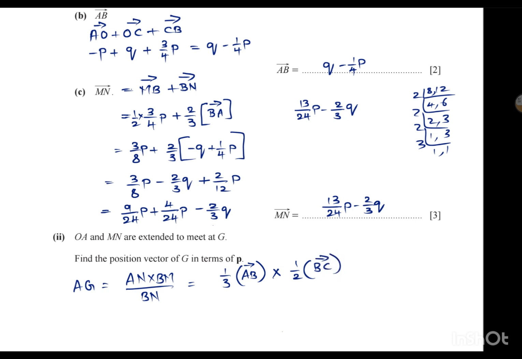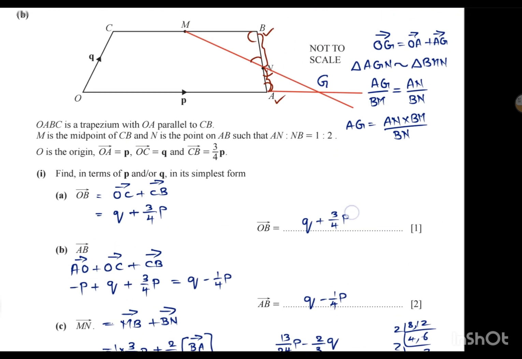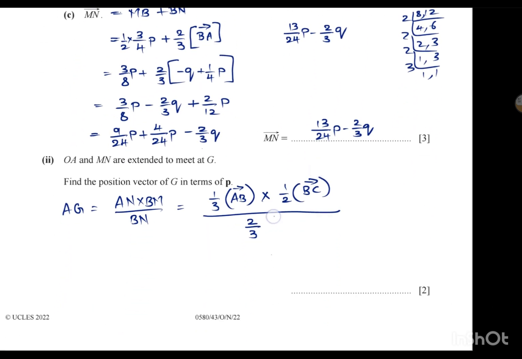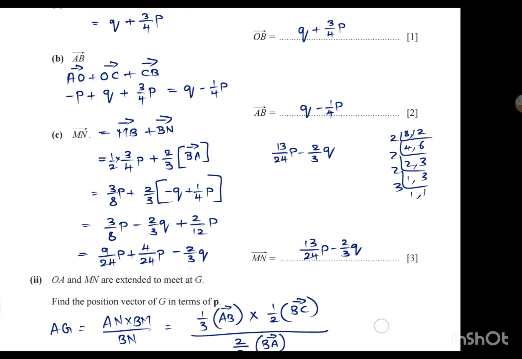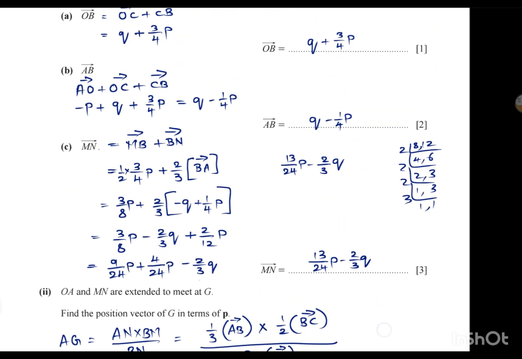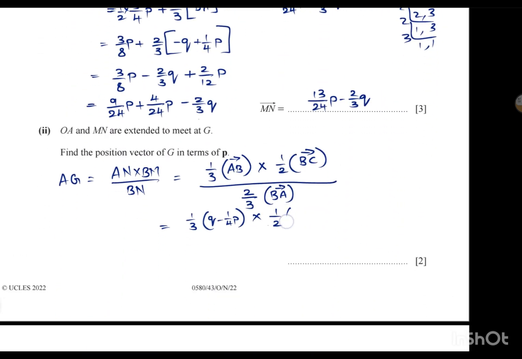Then BN is 2 out of 3 parts of BA. So 1 by 3, and AB we got as Q minus 1 by 4P, into half of BC. CB we know as 3 by 4P, so minus 3 by 4P.